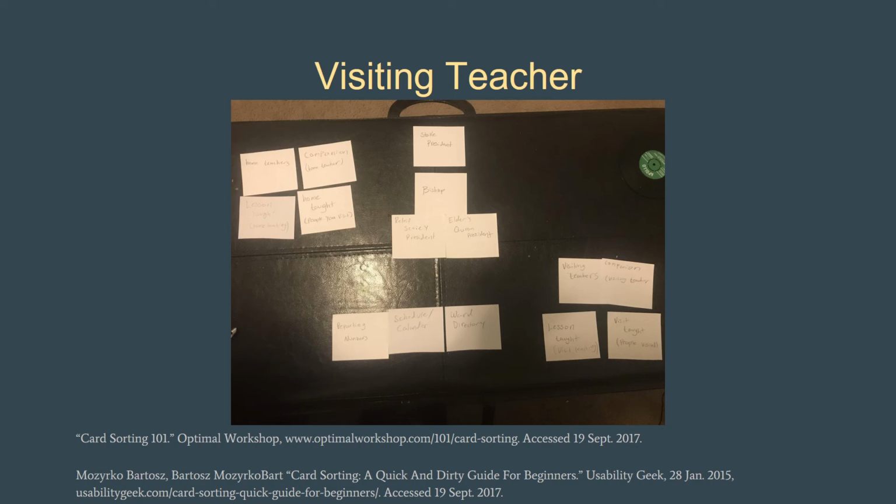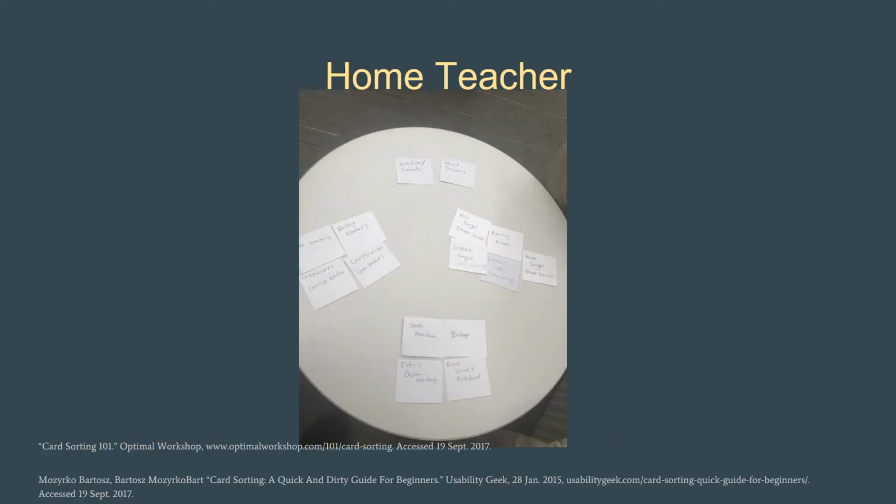And then the very bottom three cards, as you see there, are reporting number, schedule, calendar, and ward directory. She put those into almost like a tools category, but she felt like those things should be put into three different categories even, because they're important and should be easily accessible.